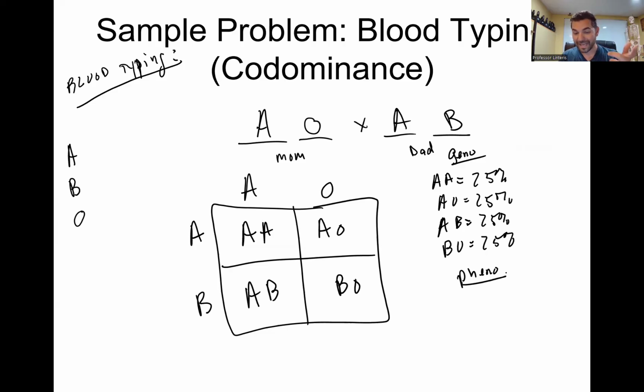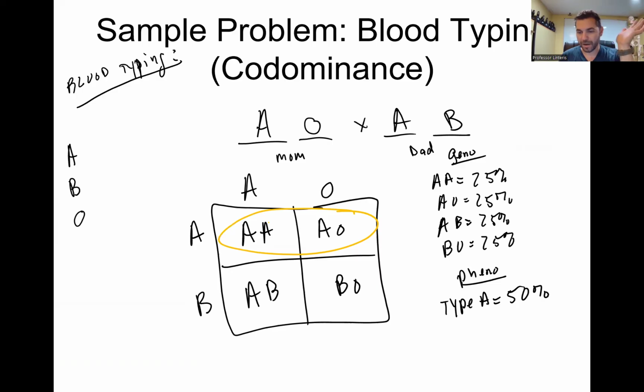What are the phenotypic frequencies? These are blood type. So this would be type A, 50%. Why? Both of those are type A. There's no RH, there's no negative, positive in these problems.